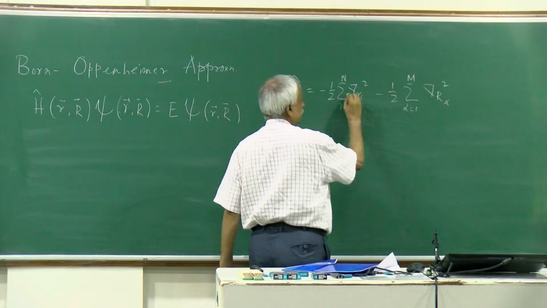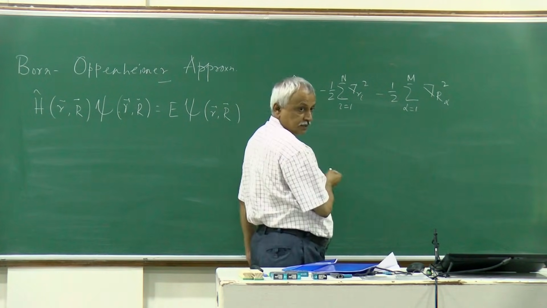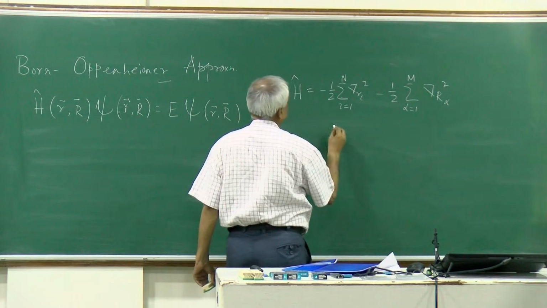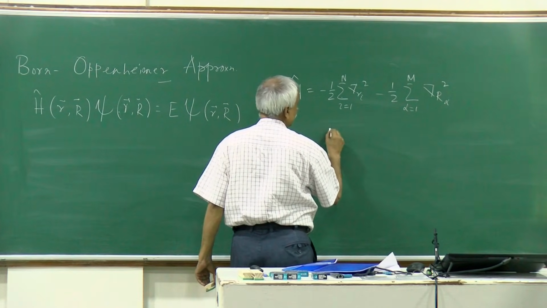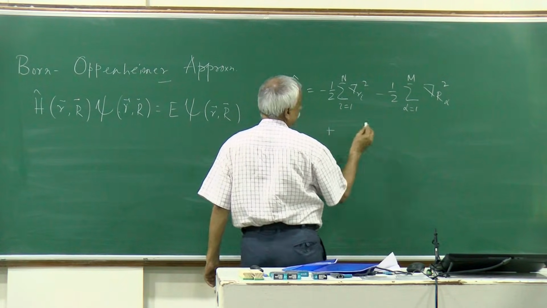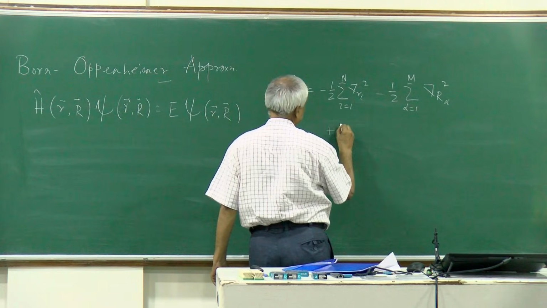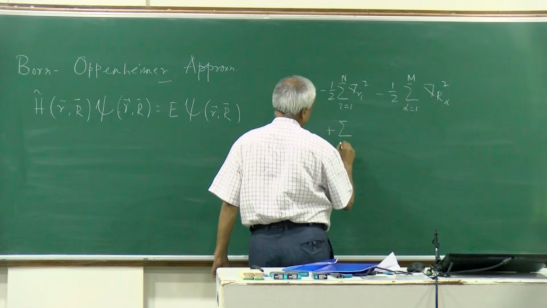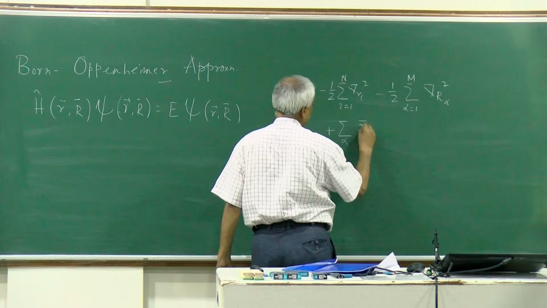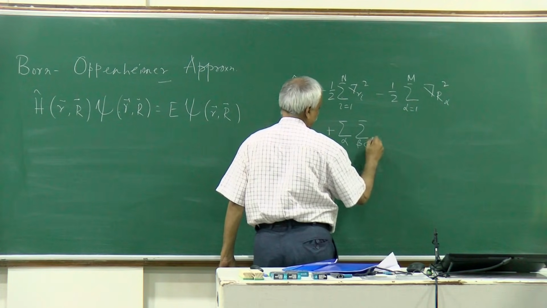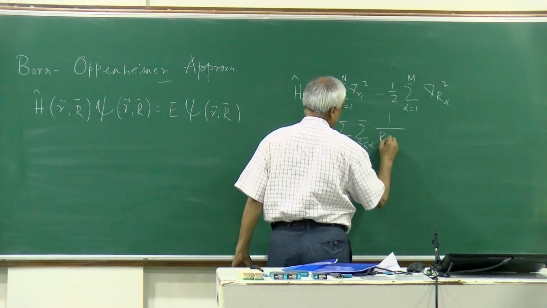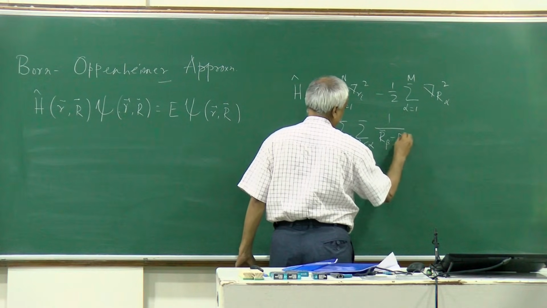These are the kinetic energy of the electrons and the kinetic energy of the nuclei. Then you have, say, plus sum over alpha, beta less than alpha, 1 by R_beta minus R_alpha.